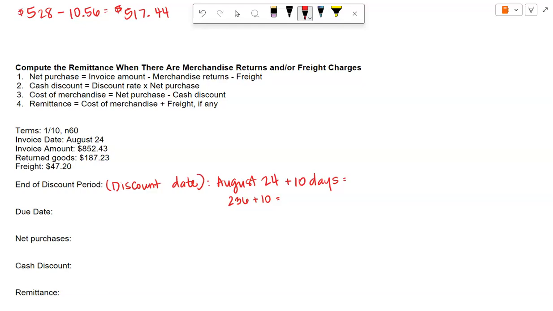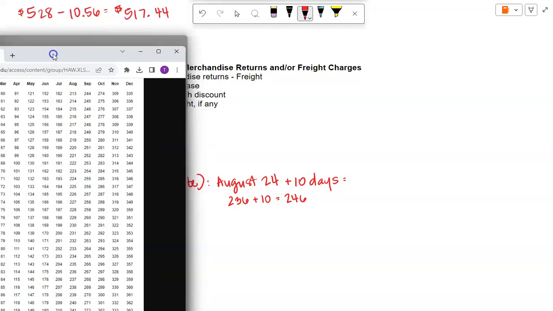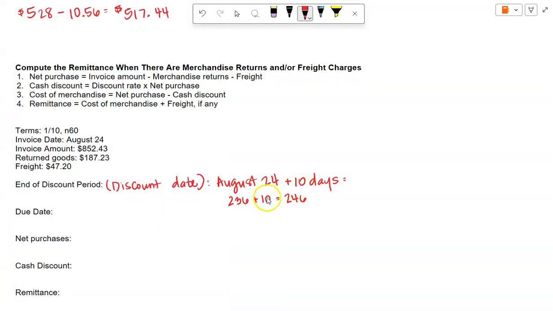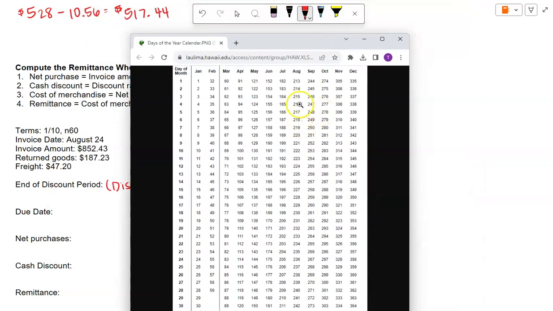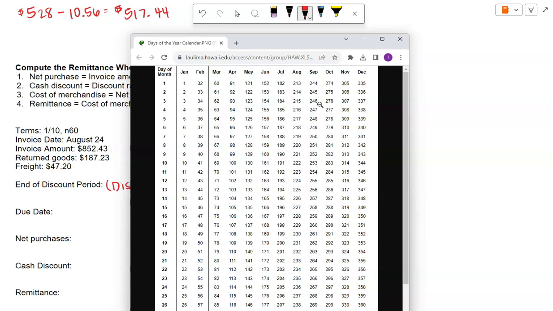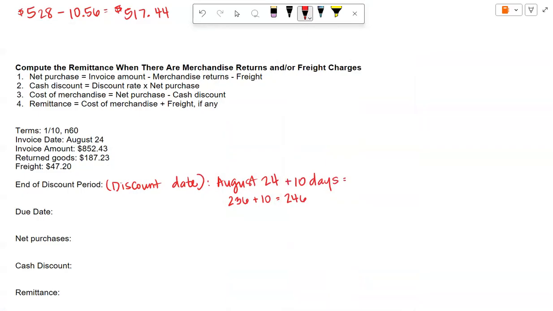So 10 days from August 24th is going to be day 246. Okay. Now that I know the number of the day of the year, I need to look for day 246 here. And that tells me that September 3rd is day 246.